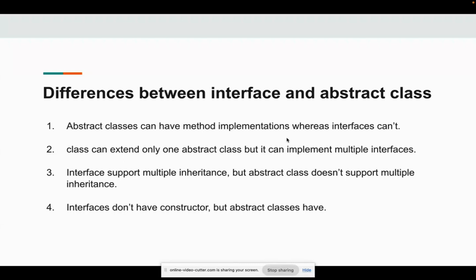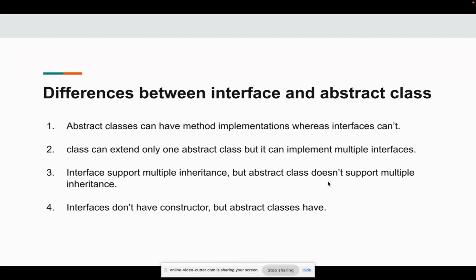But it can implement multiple interfaces. The third point is that an interface supports multiple inheritance, but an abstract class doesn't support multiple inheritance.